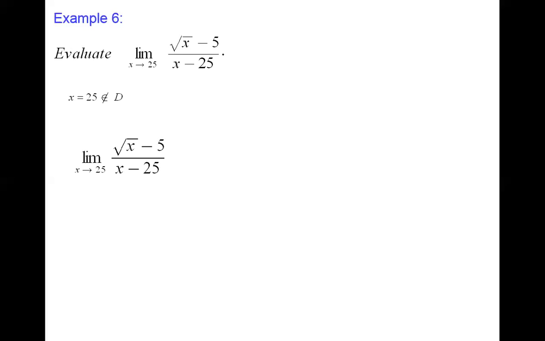In order to simplify the root expression, we will multiply and divide the numerator and denominator by the conjugate expression. The conjugate expression has the same values, root x and 5, but instead of subtraction, we will do addition. Always the opposite sign. If this is addition, then we have to do subtraction. That's the conjugate expression.